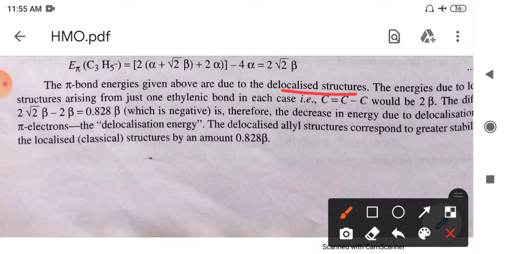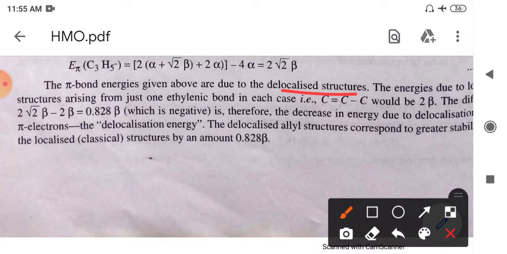In the ethylenic system, we don't have delocalization of electrons because there are only 2 p orbitals. In order to form a pi bond we must have at least 2 p orbitals. But in this allylic system there are 3 p orbitals. So 2 can form one pi bond and the vacant p orbital can be involved in the delocalization. Due to the presence of that extra p orbital there is delocalization of the electrons.